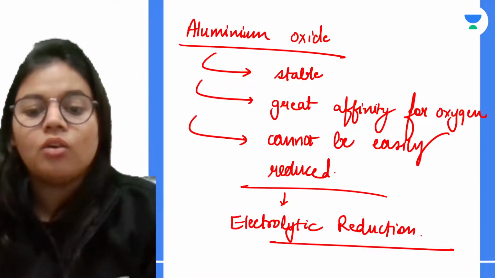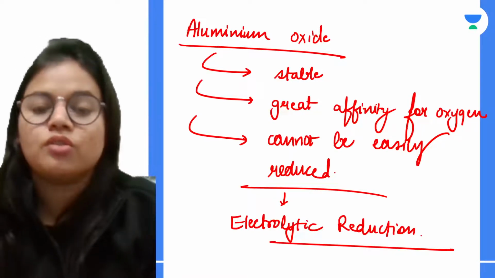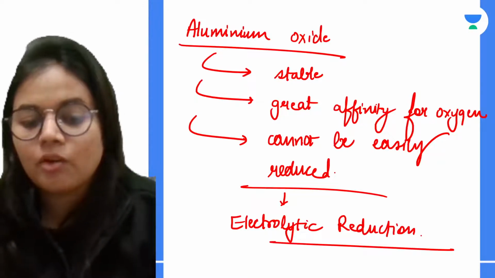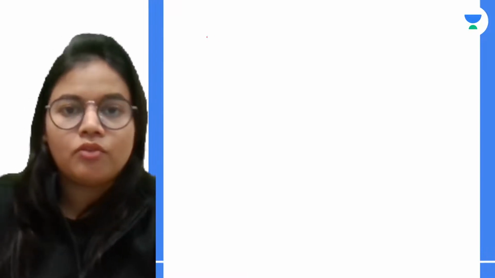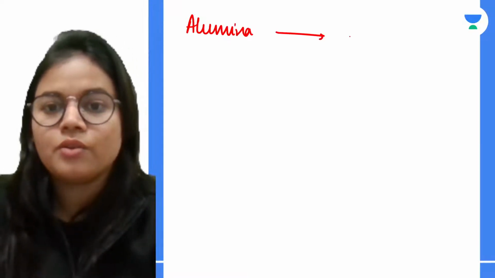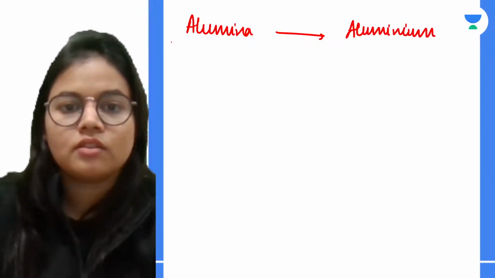Now the electrolytic reduction process is used to obtain the pure aluminium out of alumina. Now what are the problems that may be faced in getting the aluminium from alumina? So from alumina to aluminium, let's discuss some of the problems that could be faced.